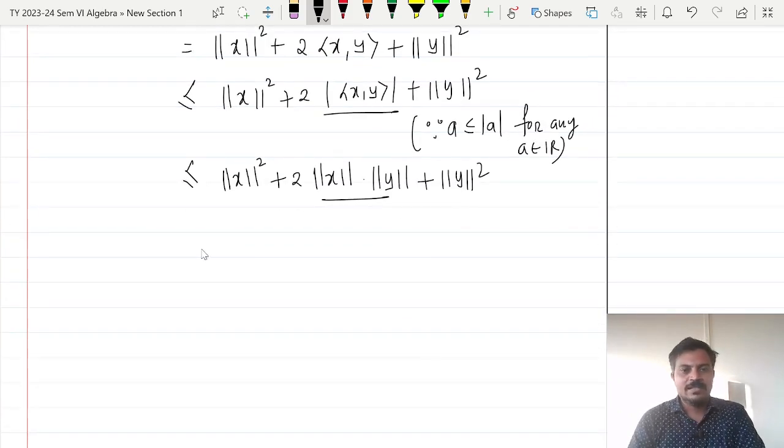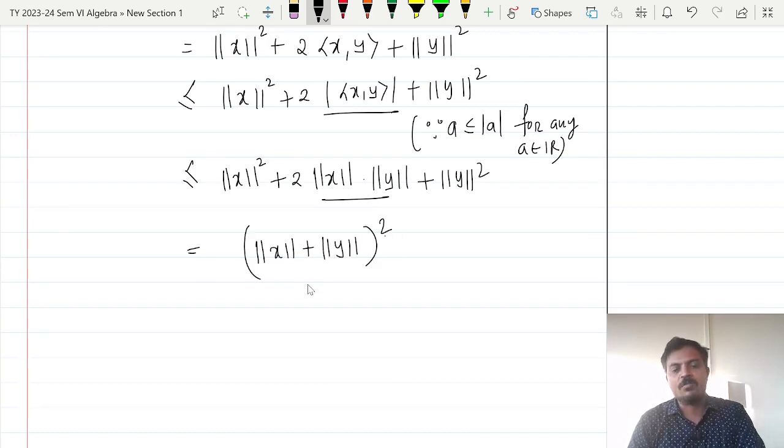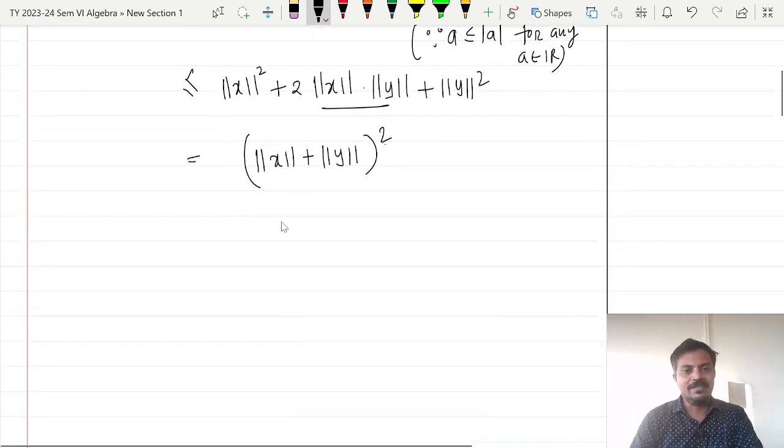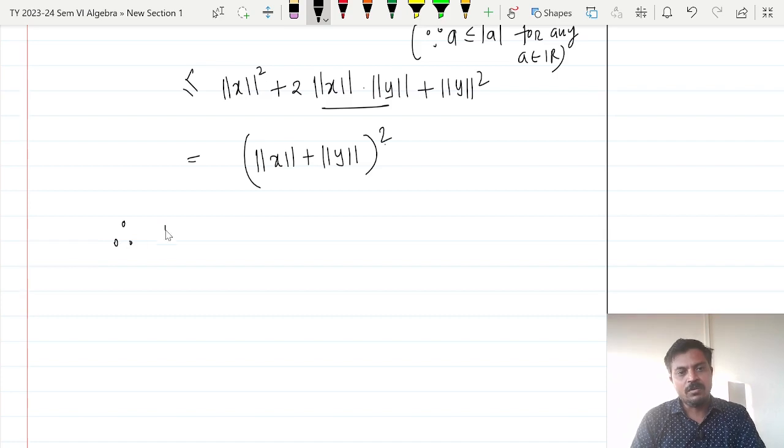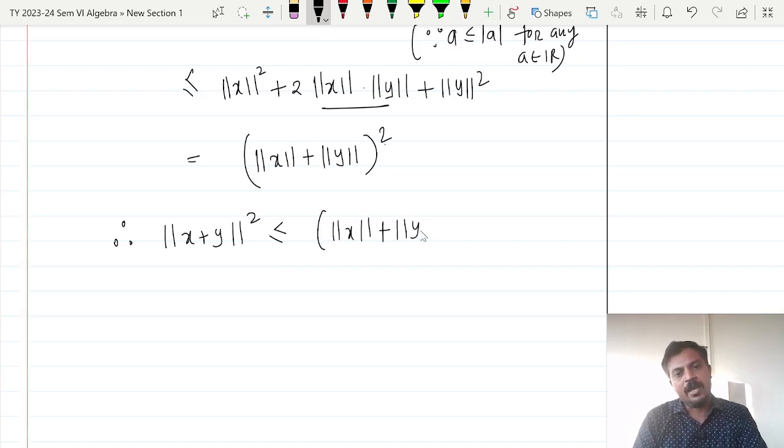Now by using the simple rule of expansion of a plus b whole square, this is exactly the same as norm of x plus norm of y whole square. But remember, what was our LHS? Therefore, norm of x plus y whole square is less than or equal to norm of x plus norm of y whole square.